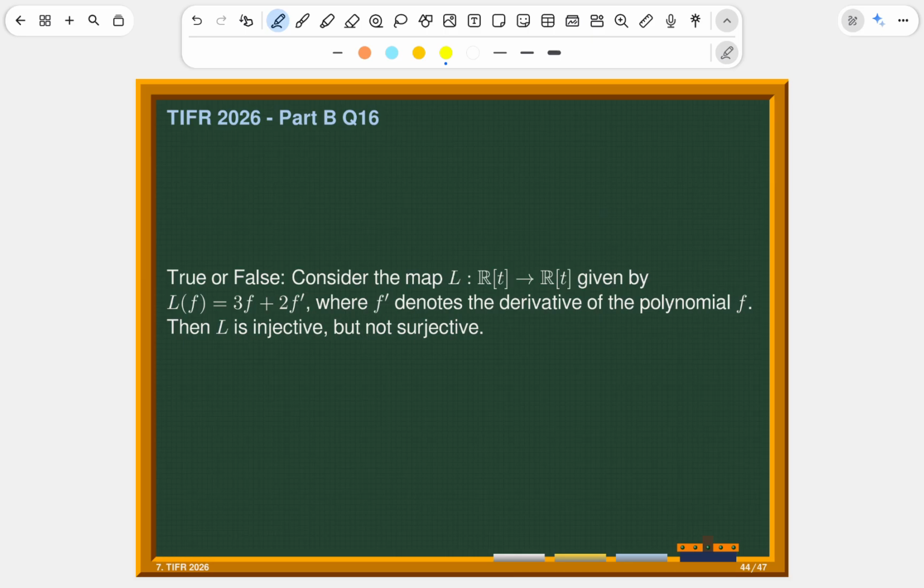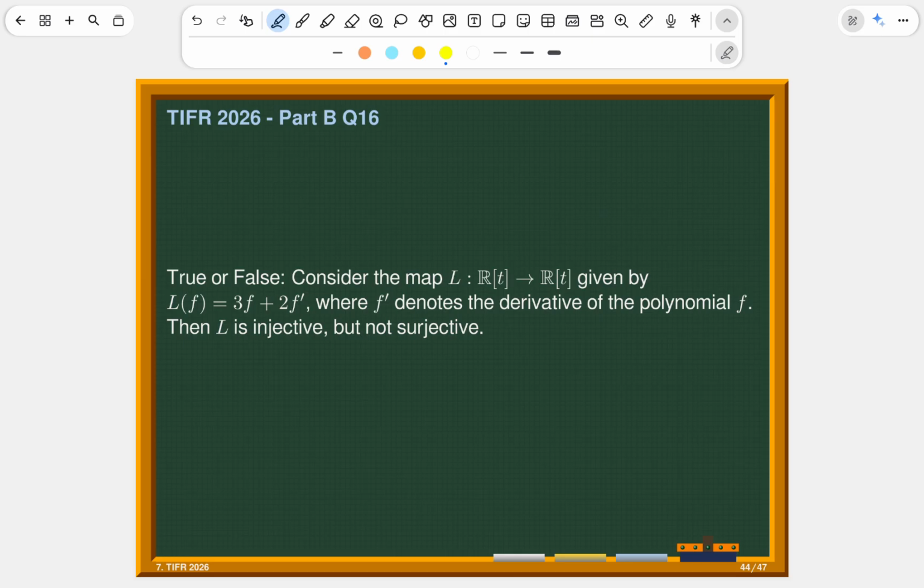So if you solve many problems from the TIFR PYQs or the NBHM PYQs, you will develop a sort of audio memory, in some sense, of reading out the question, perceiving it through your ears, and guessing whether it can be true or false. I hope you can understand what I'm trying to say. I may not be able to explain it much, but I hope you're getting it.